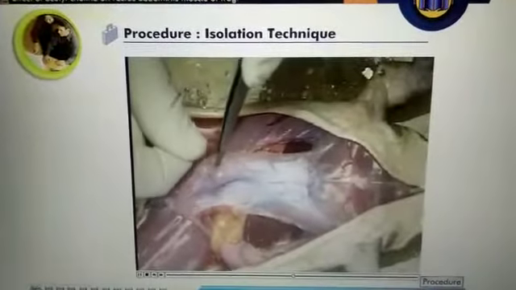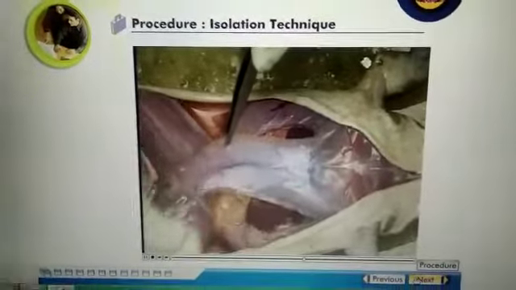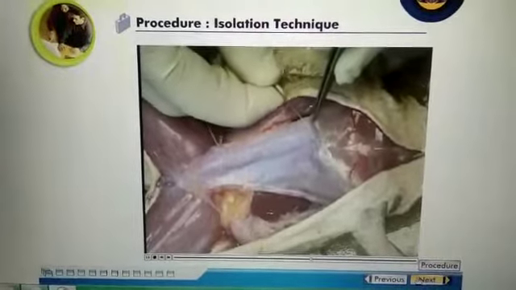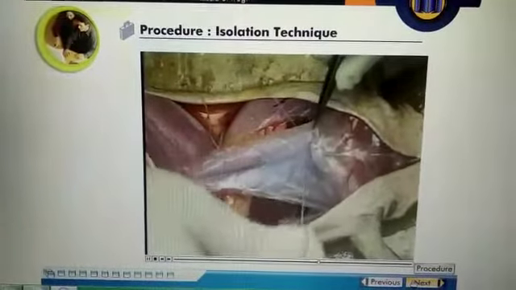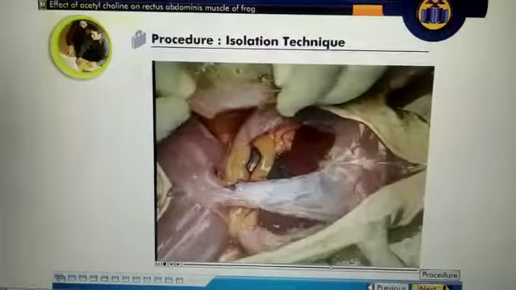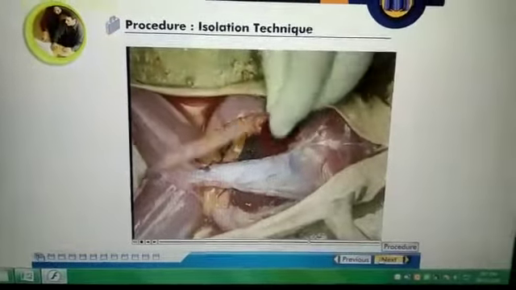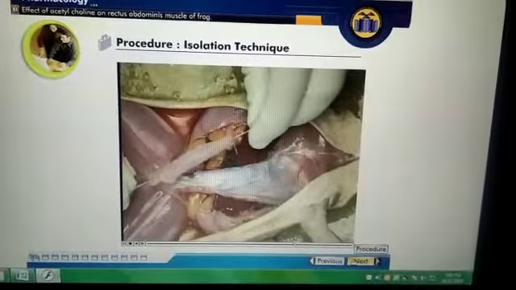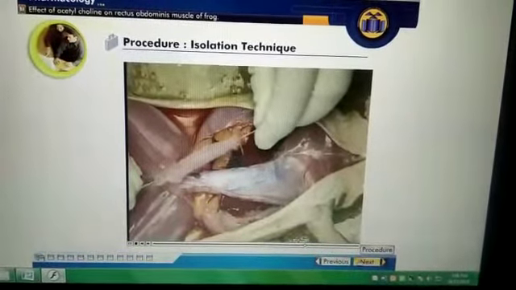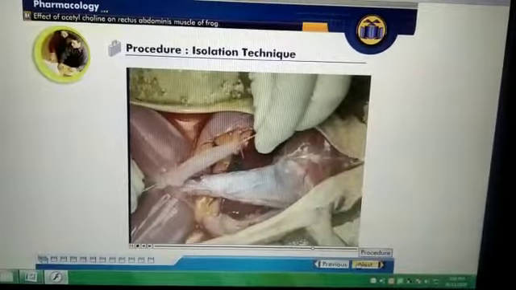Now, tie a thread to the bottom and top of rectus muscle before removing muscle from the body of the frog. Mount this rectus muscle preparation in upright position in the organ bath containing frog ringer solution under a tension of 1 to 5 gram.